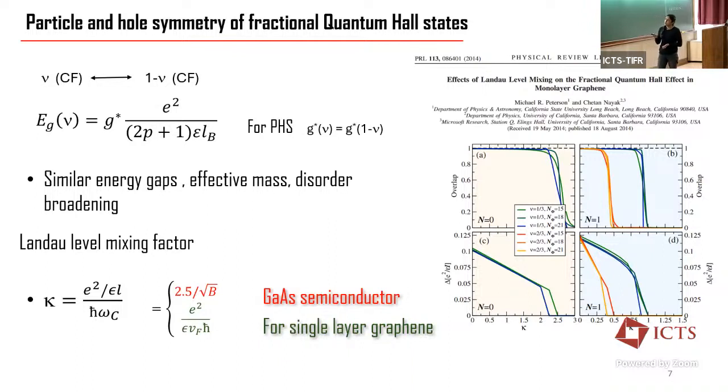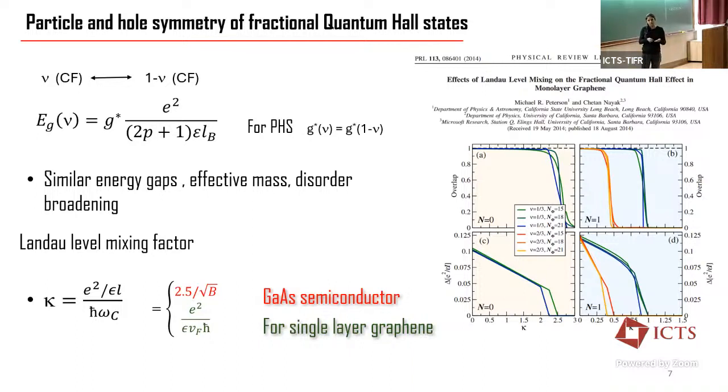But in the case of the n equal to 1 Landau level, the 2/3 is very sensitive to the increase in the Landau level mixing, whereas the 1/3 still survives, but then it also dies off with the increase in kappa. Which means there is a breaking of particle-hole symmetry as we increase the Landau level mixing factor in the system. However, the problem with graphene is that we have to change the substrates to realize this physics.